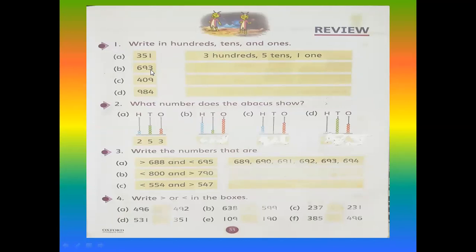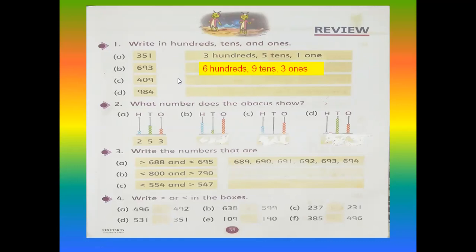Okay? Right, 6 hundreds, 9 tens, 3 ones. C part, 409: 4 hundreds, 0 tens, 9 ones.